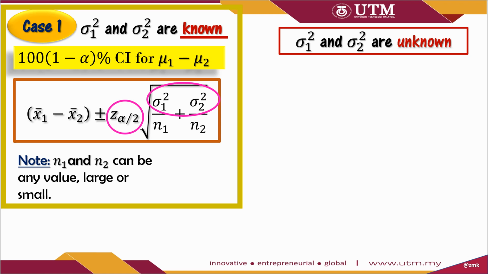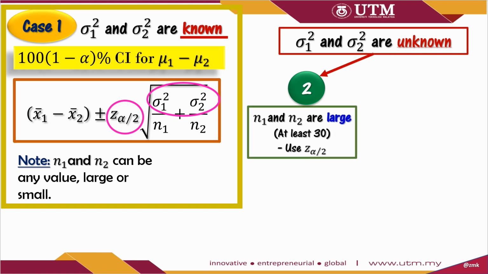So for category 2, both sample sizes n1 and n2 are large, that is, being at least 30. Here under this category, we can still use a Z alpha over 2 score in the confidence interval formula.